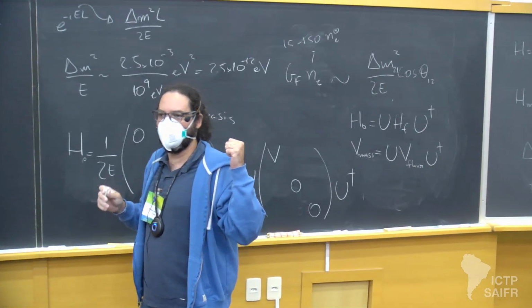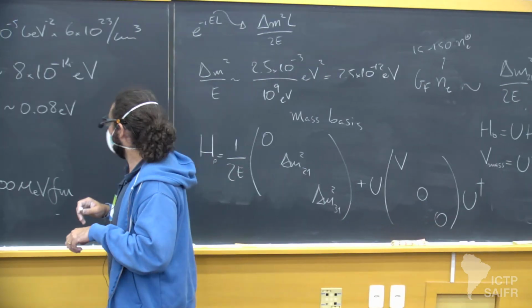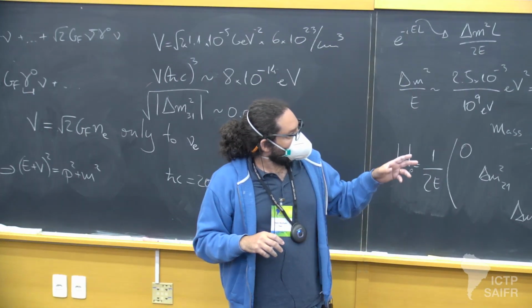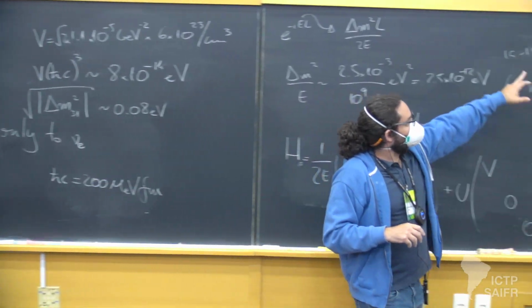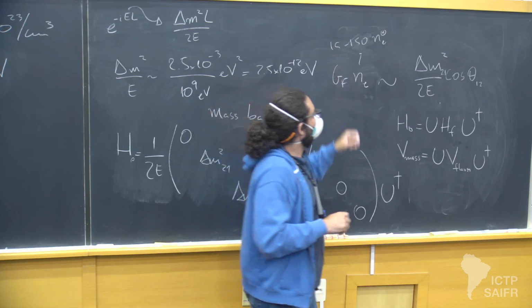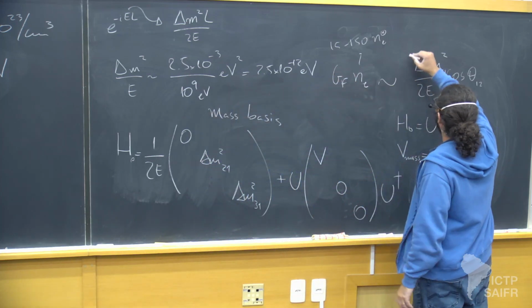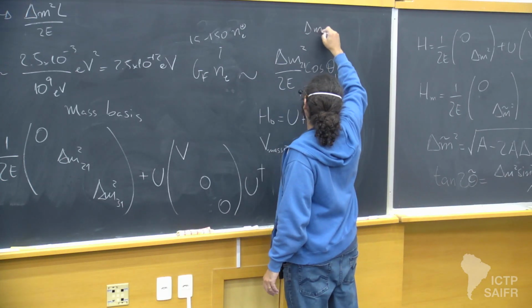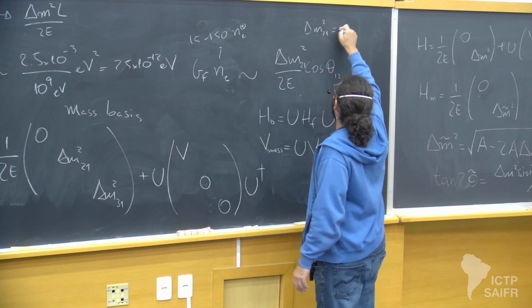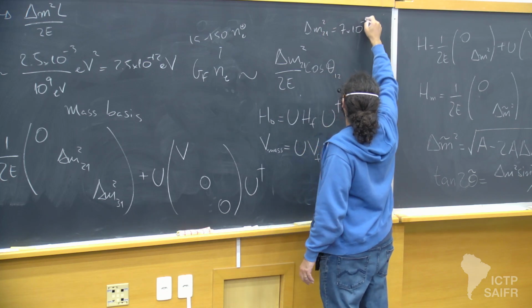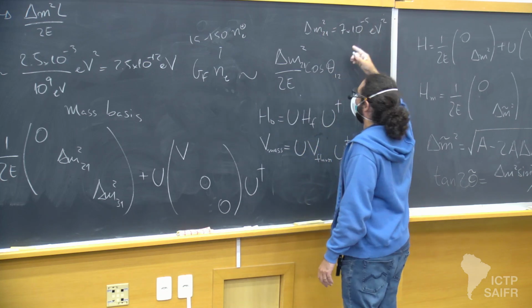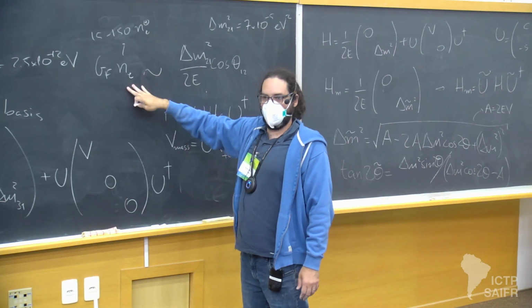Maybe I'll talk about solar neutrinos in the next lecture. So this electron density is huge, and this delta M square in the sun, well, that's what nature gave us, is 7 times 10 to the minus 5 eV square. So it's a smaller delta M square, which makes this more relevant.